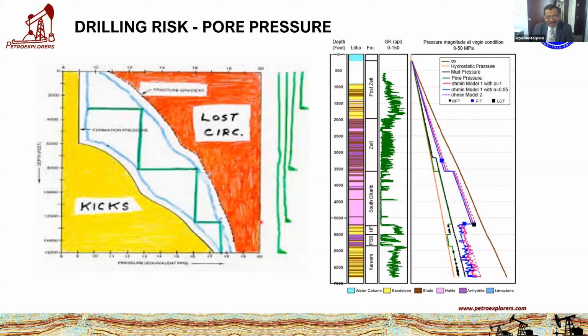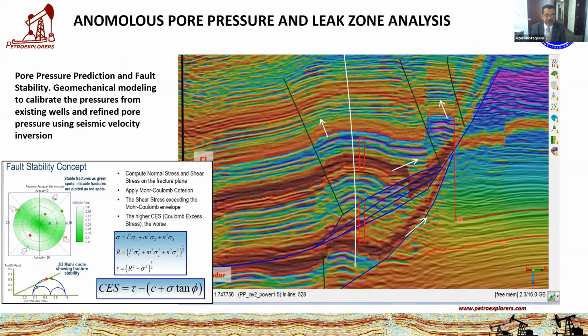Very nice, this hand diagram. I stole it from the internet, but we do a lot of pore pressure work to find out. Again, this is a case from just close to the Cusiana-Cupiagua complex, where you can see the variation by velocity inversion.